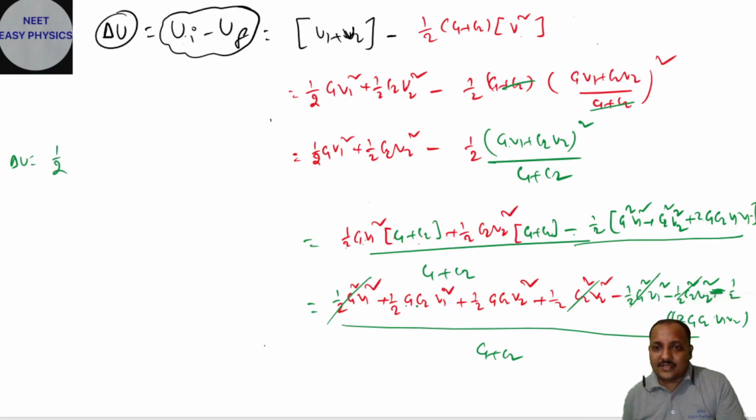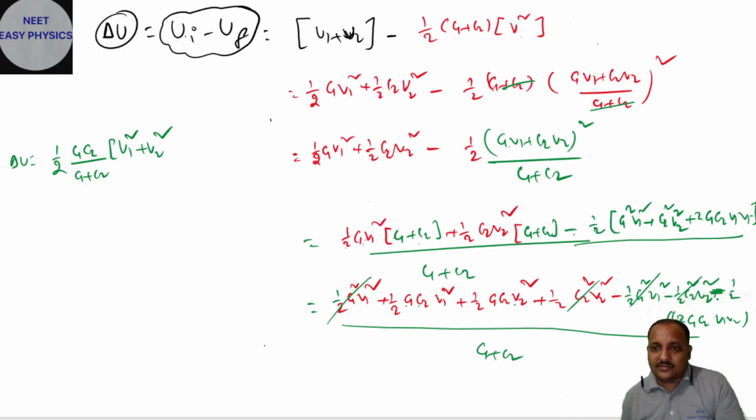Half is common, C1 C2 by (C1 + C2). What will be remaining here? V1 square, next V2 square.